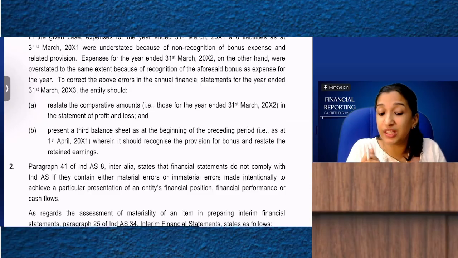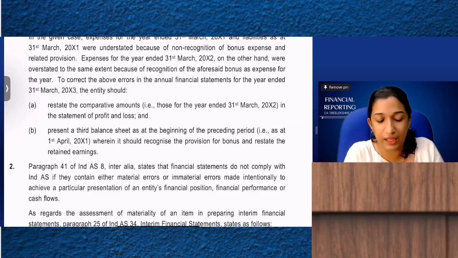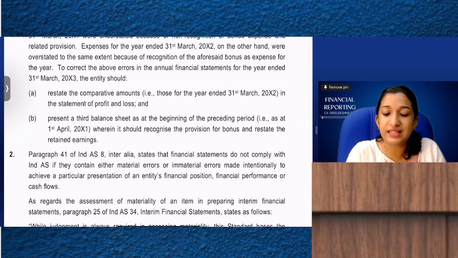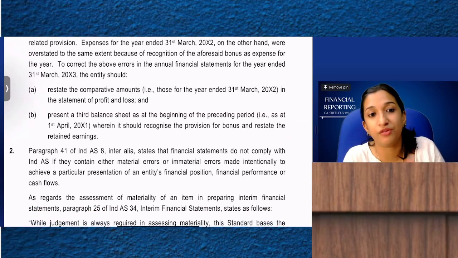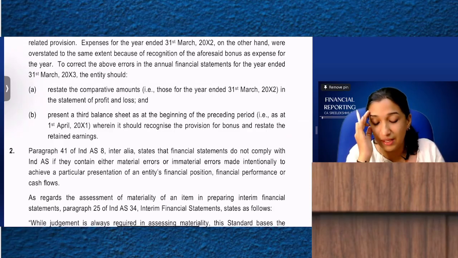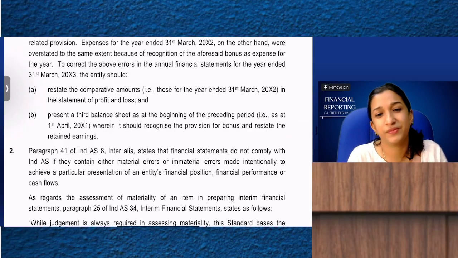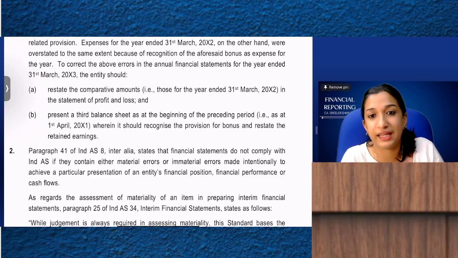And expense for 31st March 12, on the other hand, were overstated. To correct it, restate the comparative amounts, present third balance sheet at the beginning of the preceding period where it should recognize provision for bonus, and you should recognize the liability with corresponding effect to retained earnings. Okay, error should be corrected.